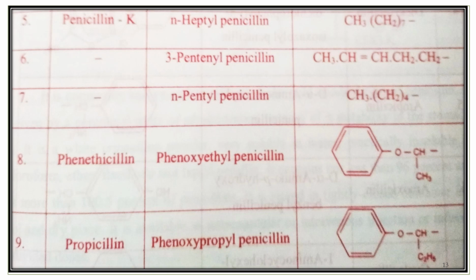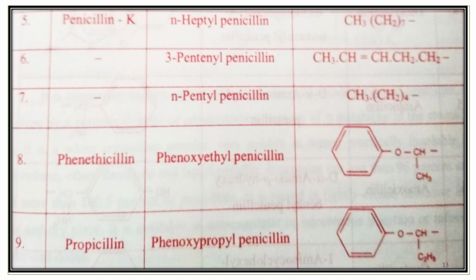Then 3-pentenyl penicillin. At the third position one unsaturation is present. So 3-pentenyl penicillin is CH3, CH double bond CH, CH2, CH2. This is the R group present in 3-pentenyl penicillin. Next one is N-pentyl penicillin: CH3, CH2 4 times. Next one is phenethicillin.